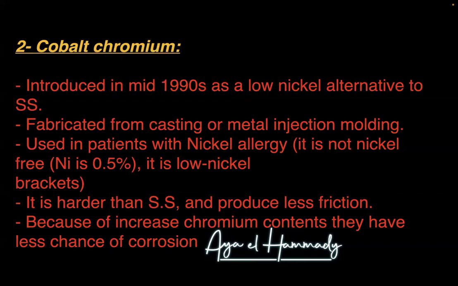We use it in patients with nickel allergy, okay? It has low nickel components. It's harder than the stainless steel, yet it's less frictional, okay? Because of what? Because of the increased amount of chromium it has.